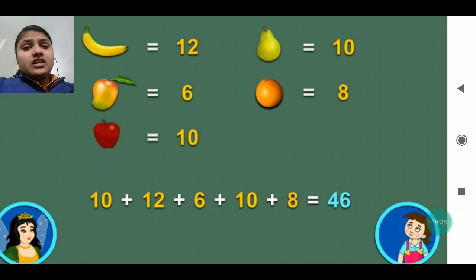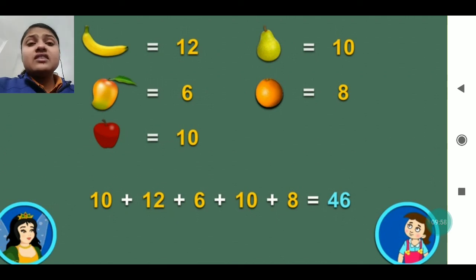See, you can use a banana shape for representing banana. You can use a mango shape for representing mango. You can use an apple shape for representing apple. You can use a guava shape to represent guava, and you can use an orange shape to represent orange. Then you can add all, and then you can get the total number of fruits.